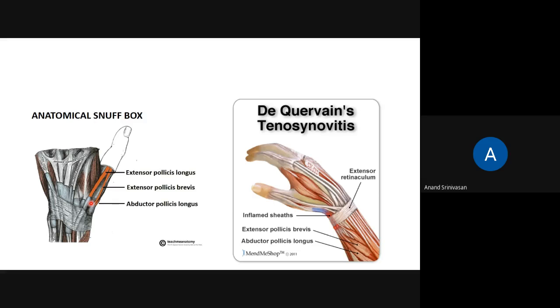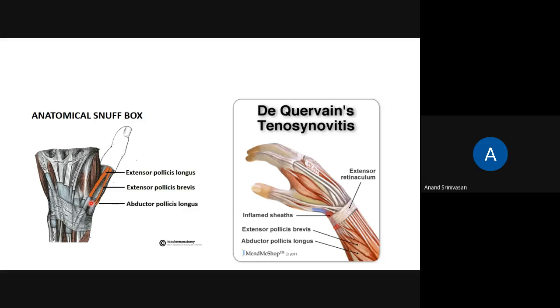What is avascular necrosis? Vascular means it has blood supply. Avascular, no blood supply. When there is no blood supply to a bone, what will happen? It will die.